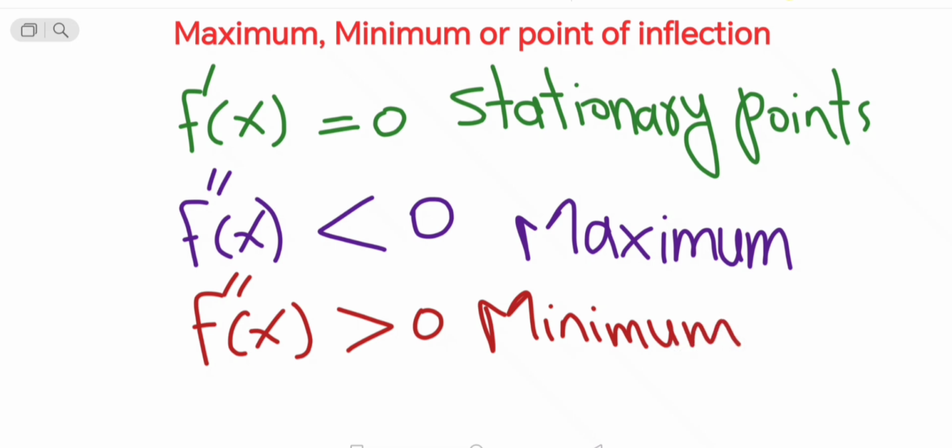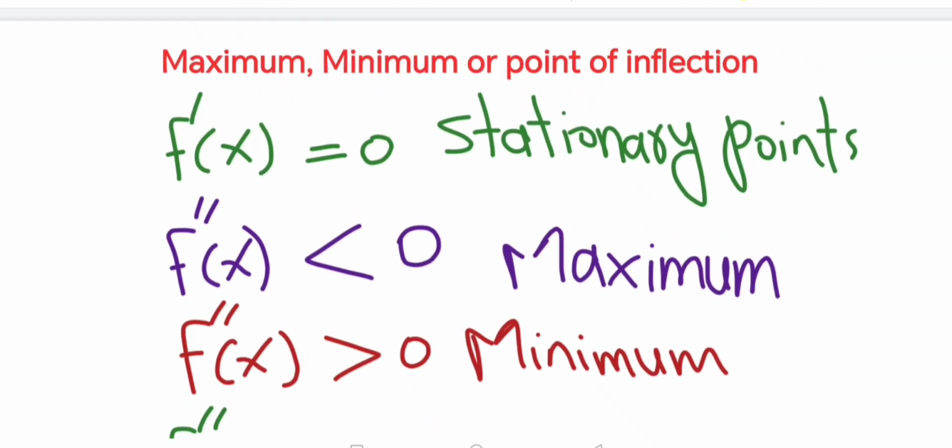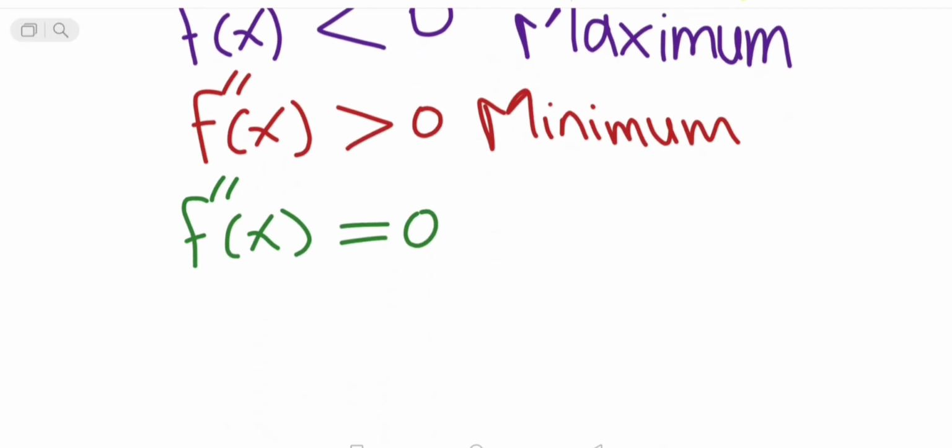Because the graph is not given, without drawing a graph we can find it by using this method. If the second derivative is equal to 0, then there will be a point of inflection.